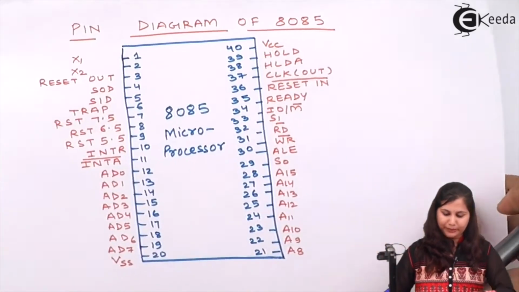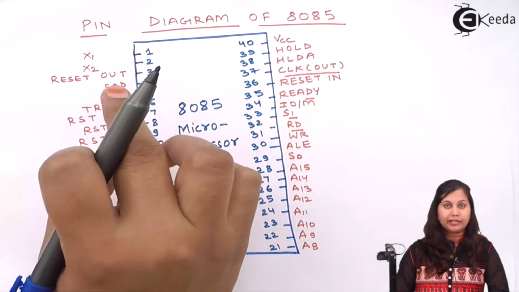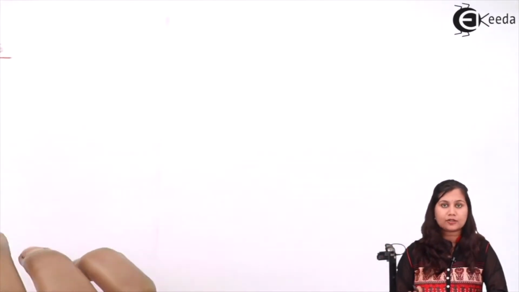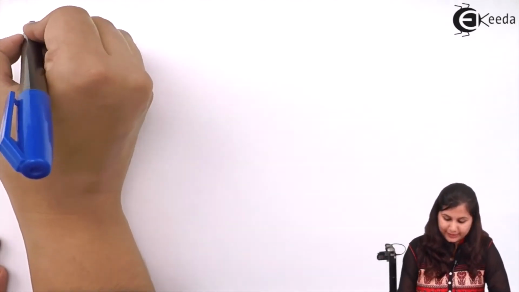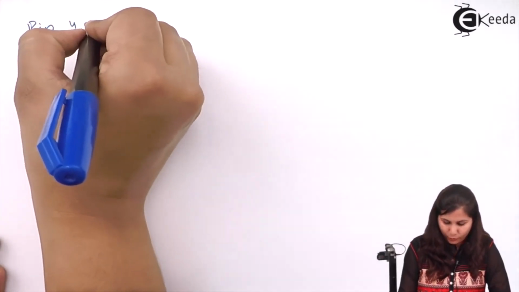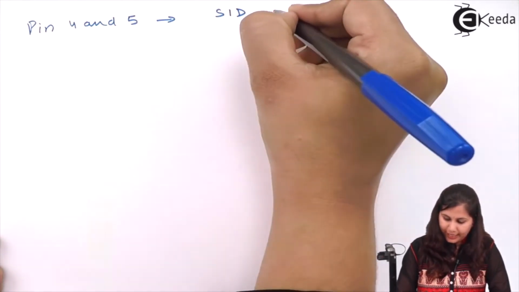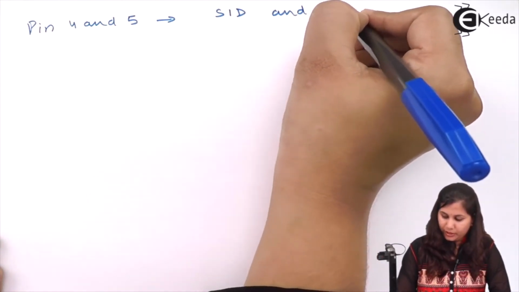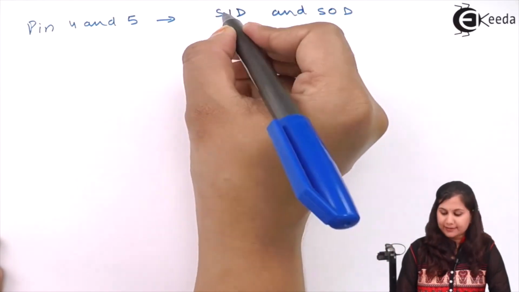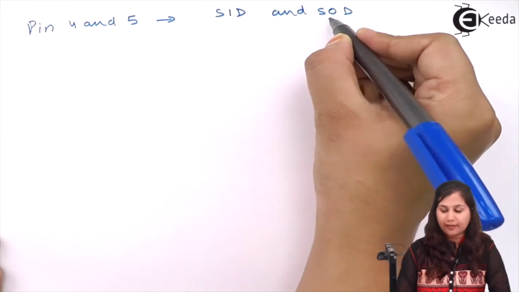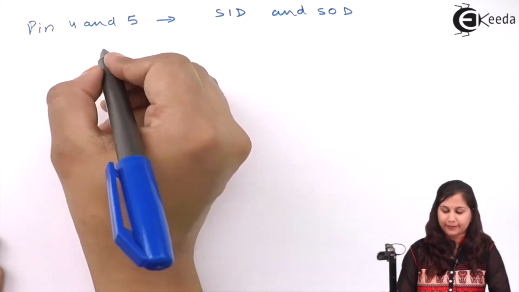Now next in the pin diagram, we have pin number 4 and 5. These are the SID and the SOD signals. So let's study pin number 4 and 5, SID and SOD. The full forms of these signals are serial input data and serial output data.